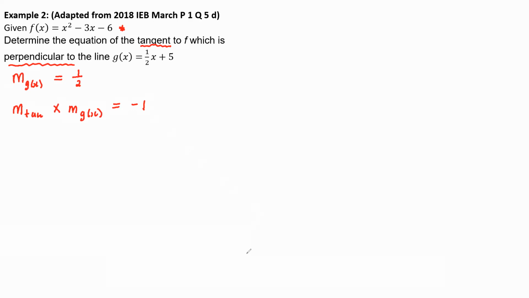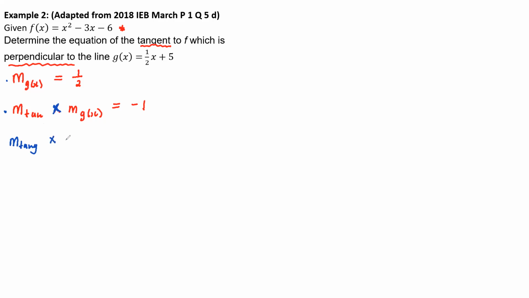Where do I get this from? Analytical geometry. When you've got two lines that are perpendicular, the product of their gradients is -1. So the gradient of g of x, I know it.